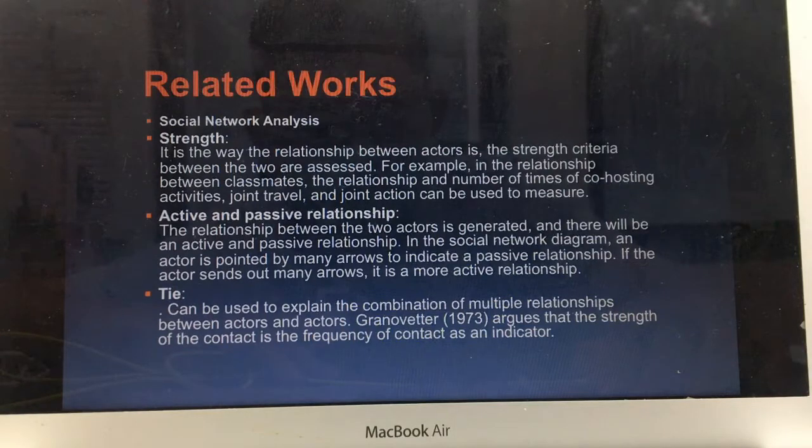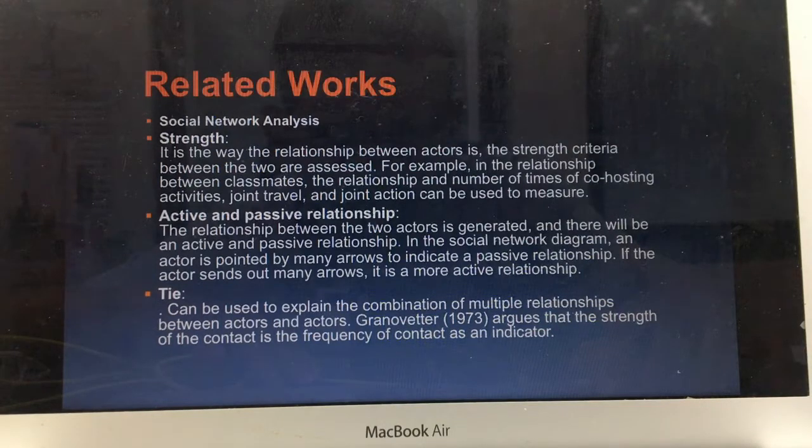For example, in the relationship between classmates, the number of times of co-hosting activities, joint travel, and joint action can be used to measure it. We also have the active and passive relationship. When a relation between two actors is generated, there will be an active and passive relationship.